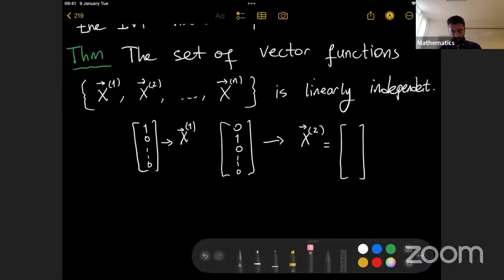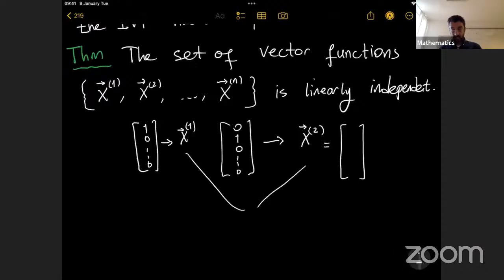And actually, that solution will be the sum of these two. Think about it. With 1, 1, 0, 0, 0, the solution is x1 plus x2, but that's not the point here.